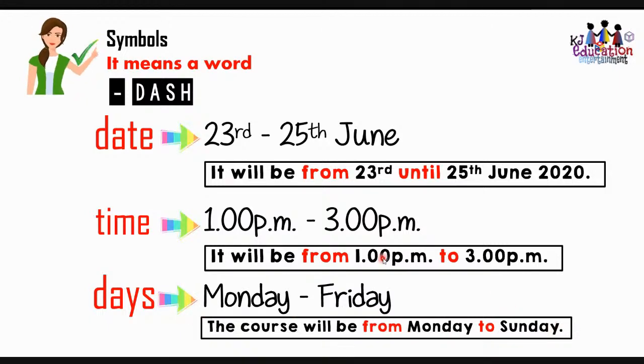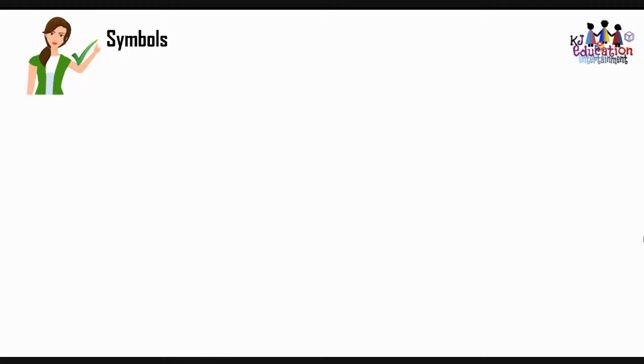So this is actually almost similar with time. It actually refers to the duration, the amount of days. How many days is it going to go on? So this symbol, the symbol dash, remember, it actually could mean a lot. These are the examples. Let's go to the next one.